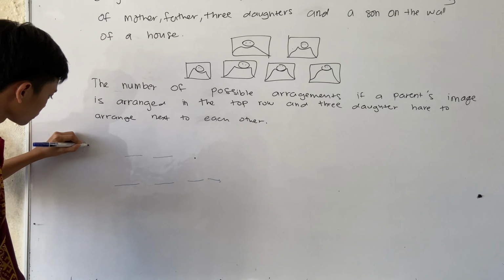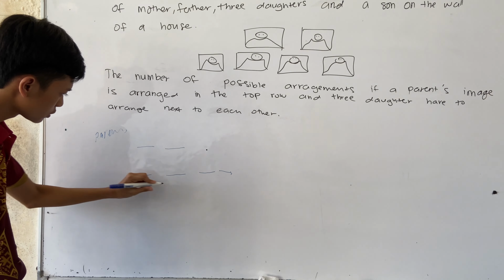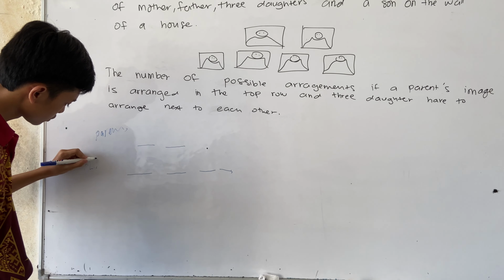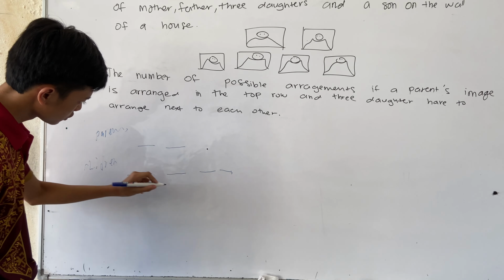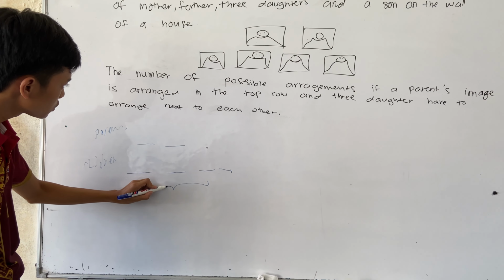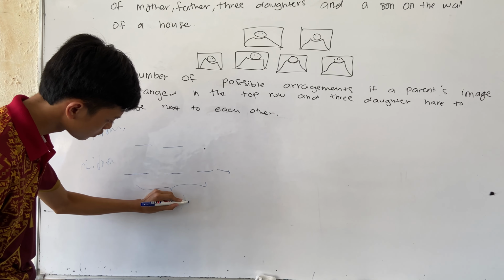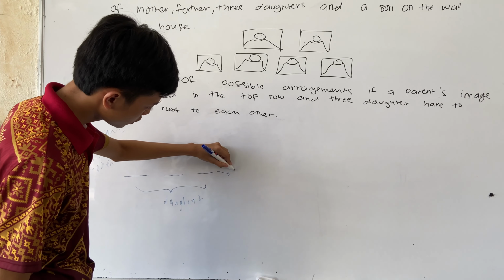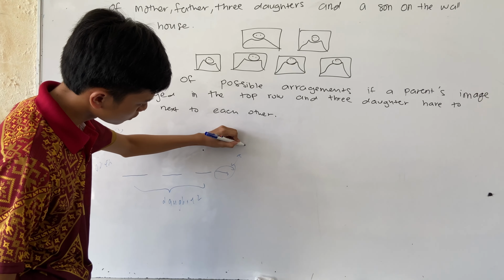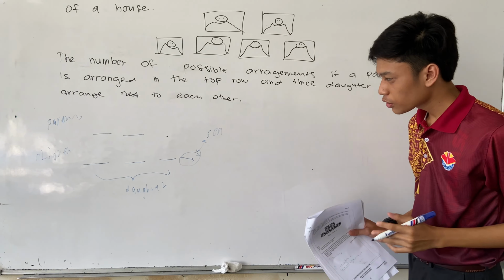This one is parent and this one is children, and the 3 daughters we must put next to each other. This one will be daughter, and this one will be son. So how do we solve this?